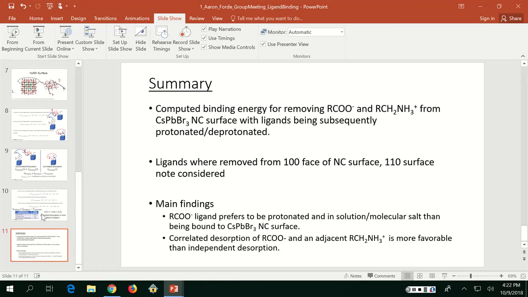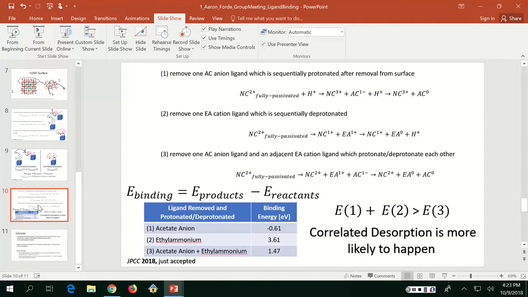When you take just the ethyl ammonium, is it because of bonding with the surface, or binding with other ligands too? It wouldn't be binding with other ligands because we don't.